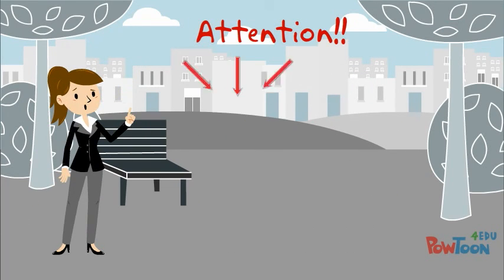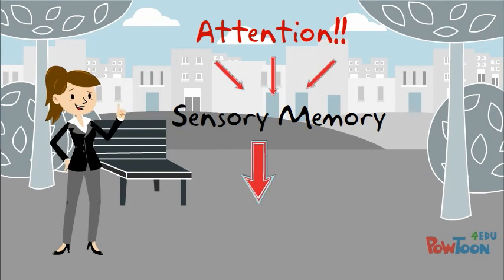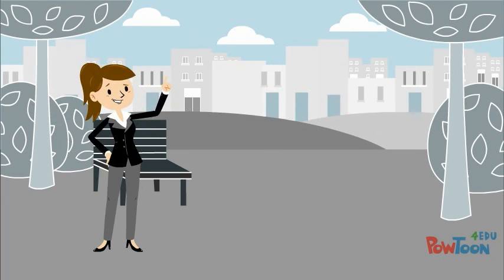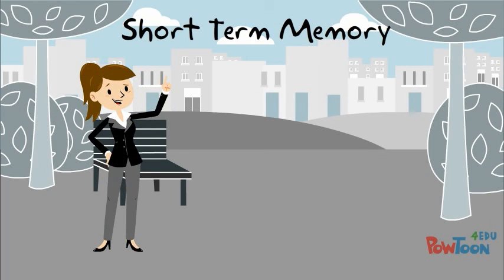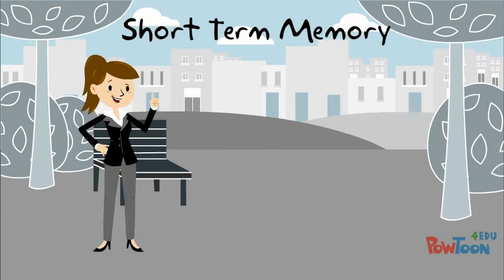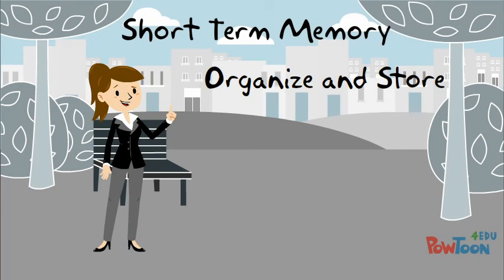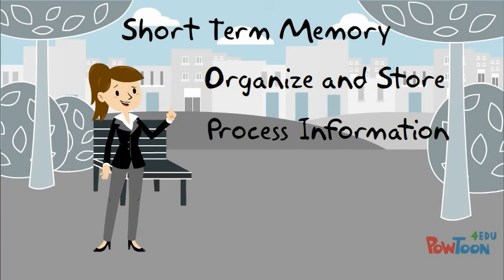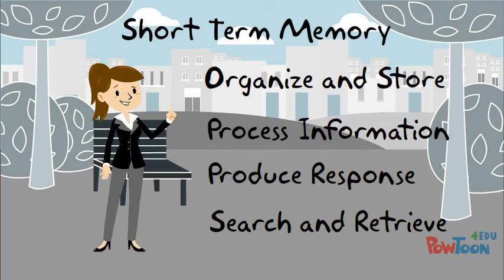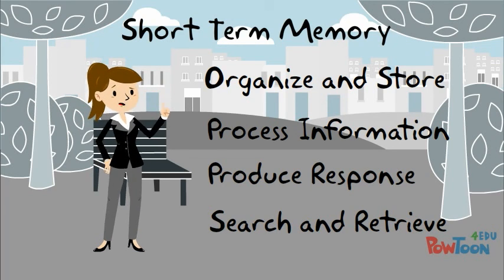When the information in the sensory memory is attended to, it is transferred to the short-term memory for more processing. The short-term memory is where information is processed. The short-term memory decides where, when, and how to organize and store information, controls processing functions, makes sense of new information, produces responses, and searches for and retrieves information from the long-term memory.